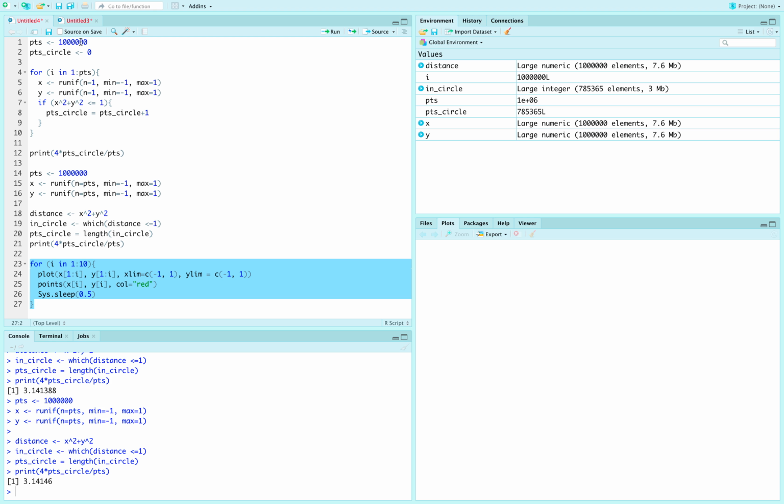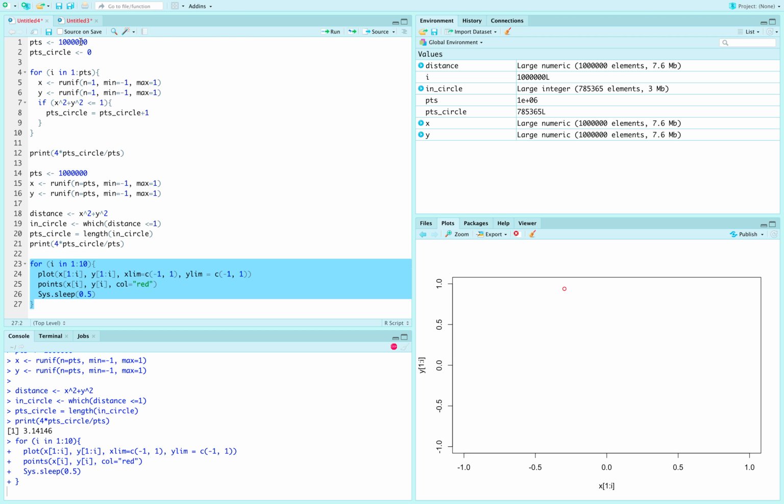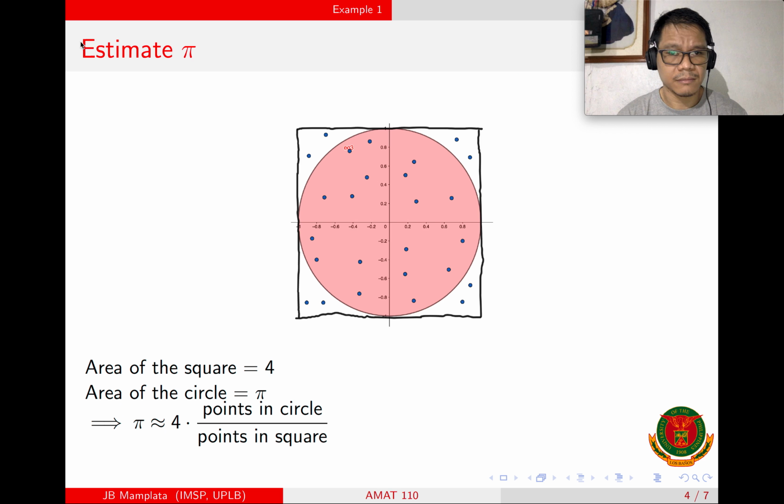So, look at this. Okay? So, yan yung diagram ng mga points pag nagto-throw tayo ng dart in the square. Okay? I hope that is interesting to you.